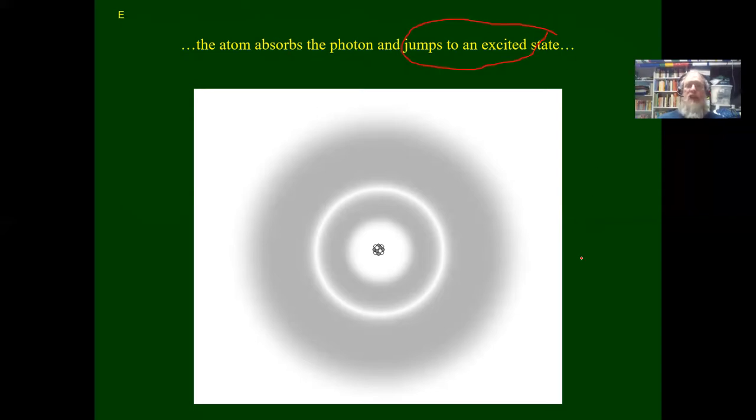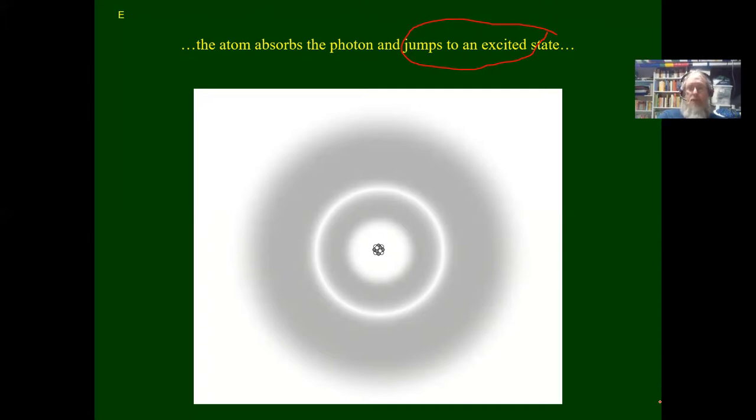And in excited states, one or more of the atom's electrons are more likely to be further from the nucleus, which is why I put some of the electron probability fuzz a bit further out from the nucleus here. Now, I don't think we're anthropomorphizing too much if we say that atoms don't like being in excited states. They want to be in the ground state. But to get back to the ground state, that atom has to give up some energy, and one way to do that is by emitting a photon.